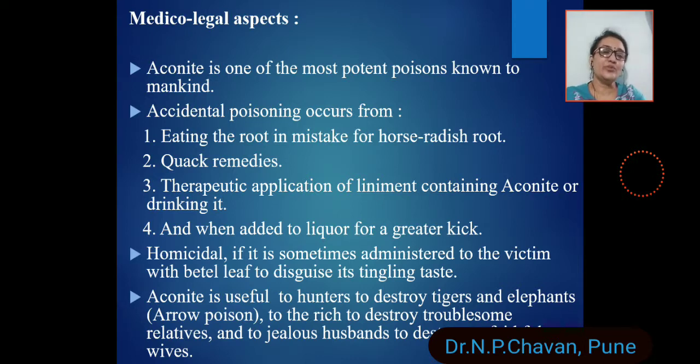When it is used to destroy tigers or elephants by using arrows, the animal does not die immediately, but it gets tingling numbness all over its body, and then its walk becomes staggering because of weakness of the extremities, then nausea, vomiting and blurred vision, and the animal just collapses, even though it is awake or conscious, because of the tingling numbness it is not able to walk further.